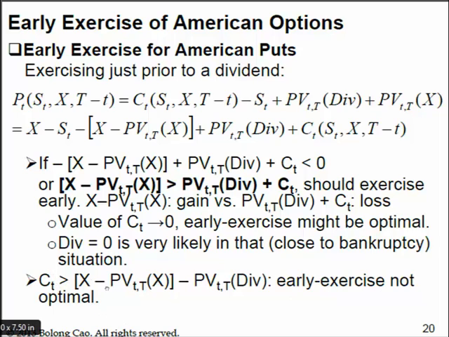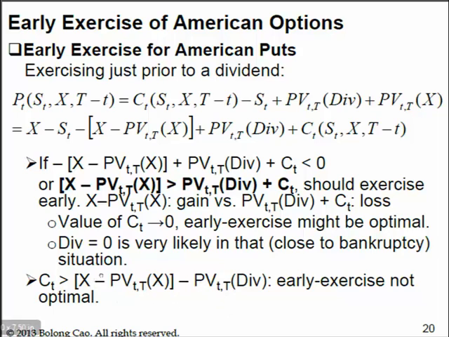In other words, the interest rate is not very high, so you cannot gain much from the strike price, and let's say the dividend is quite significant. The present value is not close to zero.